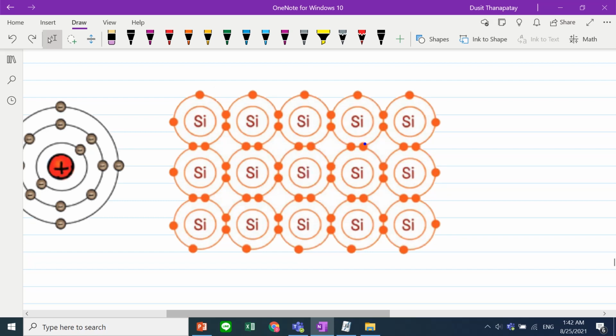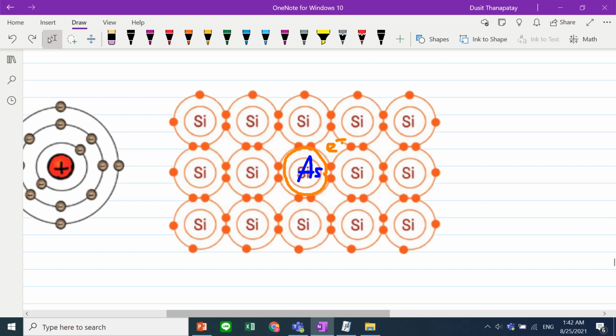By the way, you note that when you dope with arsenide, or group 5, there will be one free electron and one ion.